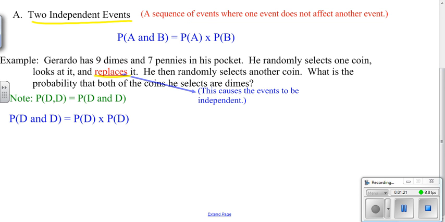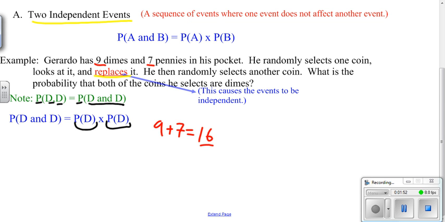So again, looking at multiplying probabilities, if we want the probability of a dime and a dime, we do the probability of a dime times the probability of a dime. If we have 9 dimes and 7 pennies, that means in total, 9 plus 7, there are 16 coins in Gerardo's pocket.